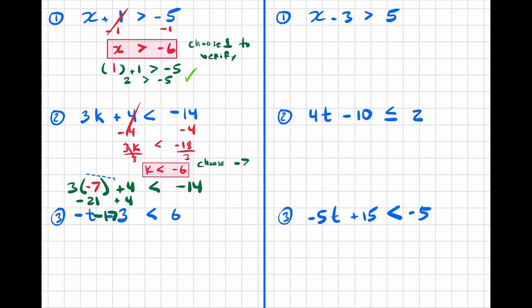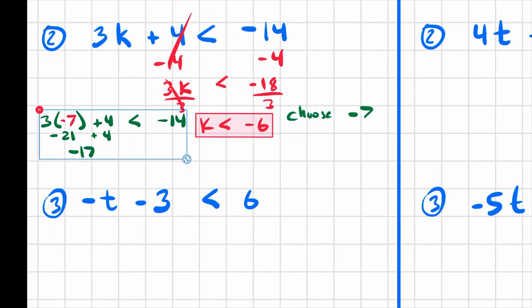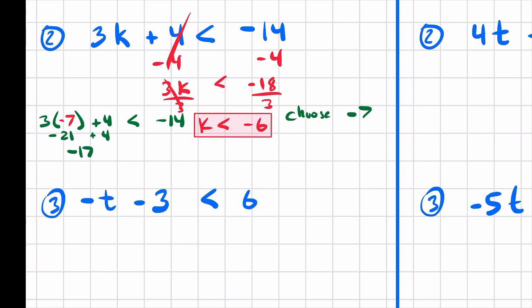Okay, so let me just resize this really quickly so you can see it properly. I'll slide it up here, and we'll zoom in a little bit. There we go. So you can see right here that negative 17 is definitely less than negative 14, and we have just verified that our work is correct.